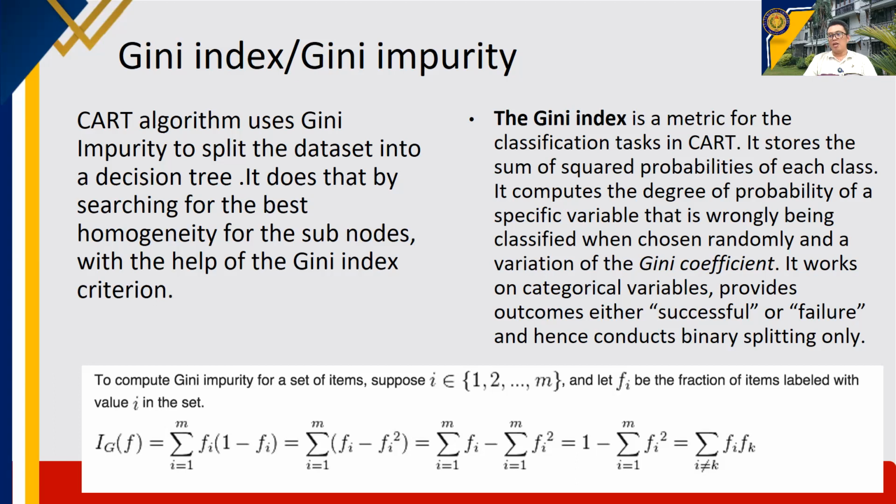To compute the Gini impurity for a set of items, suppose we have i elements of 1, 2, up to m, and let f of i be the fraction of items labeled with the value i in the set. This is the equation for how we compute the Gini impurity.